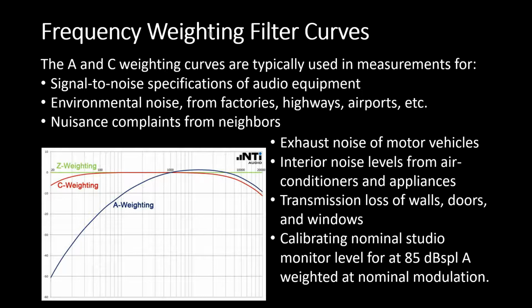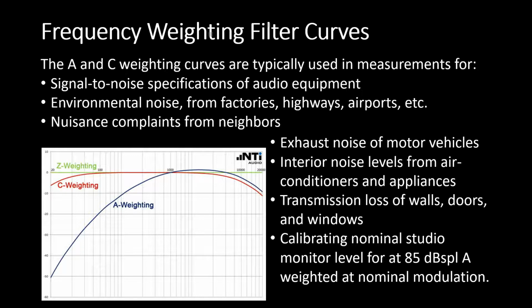The exhaust noise of motor vehicles is regulated, and it will also use either the A or the C weighting, as do the interior noise levels from air conditioners and appliances. Interesting note here, air conditioning in office settings is intentionally noisy to put a level of separation between people's conversations in the office.